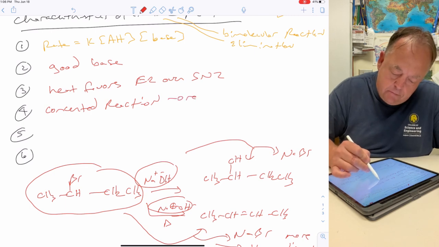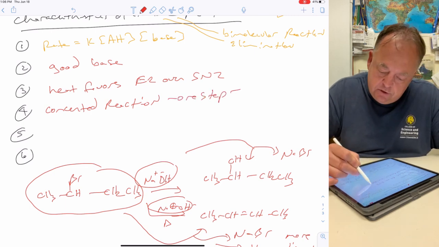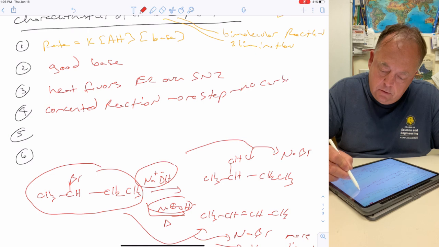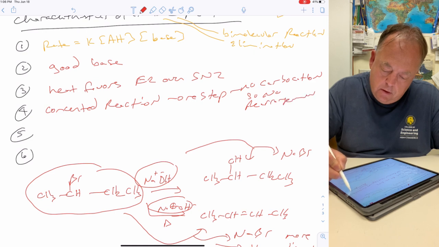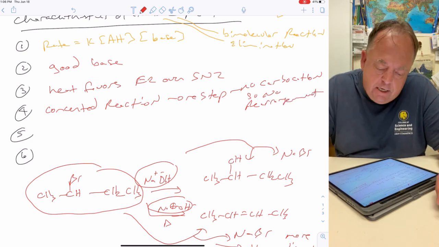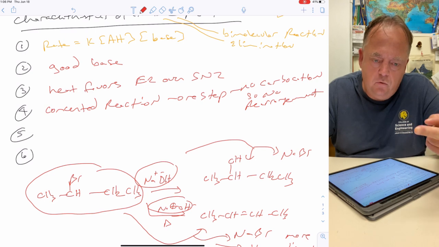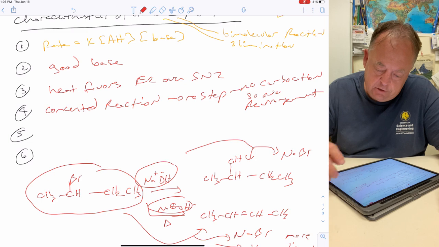So it's one step, so there's no carbocation. So there's no rearrangement. You only have to worry about rearrangement in SN1 and E1, not in SN2 or E2, or free radical reactions for that matter.